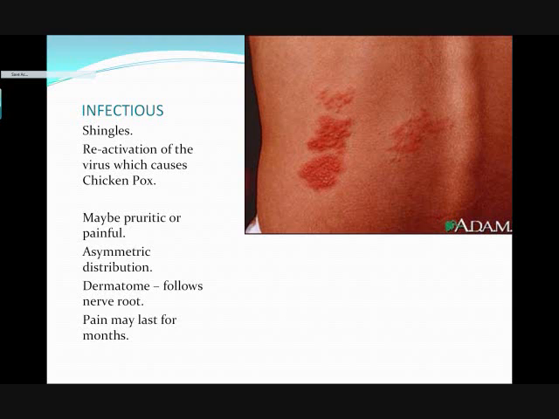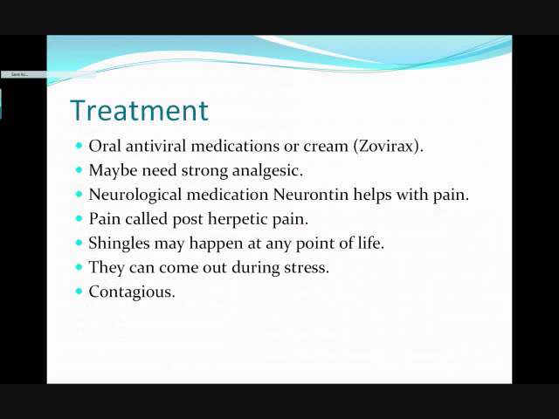Varicella is the virus that causes chickenpox, which also causes shingles, but it has some relation to herpes zoster as well. It's also treated with Zovirax. It's an antiviral medication, usually an ointment. They have a pill form, but for the blisters, they usually put Zovirax ointment on the shingle areas.